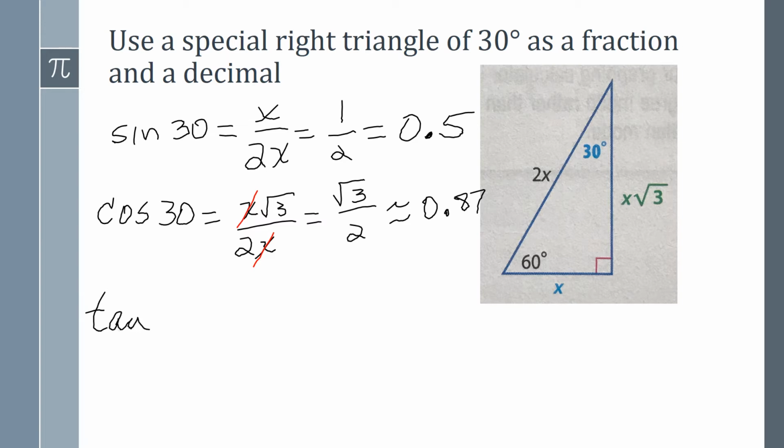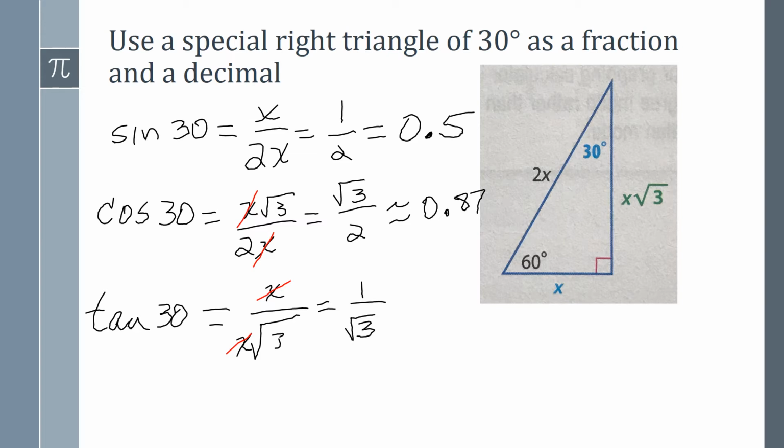Tangent of 30 is equal to the opposite, which is x, over the adjacent, which is the square root of 3 times x, excuse me. And we're going to cancel these out again. And we're going to end up with 1 over the square root of 3, which we're not supposed to do.